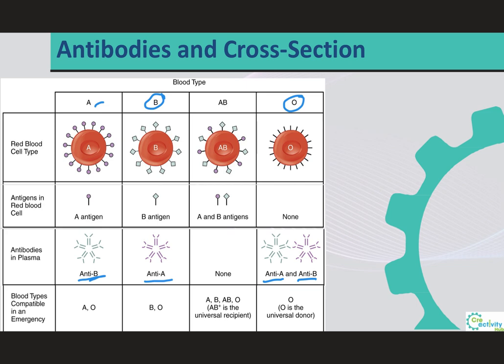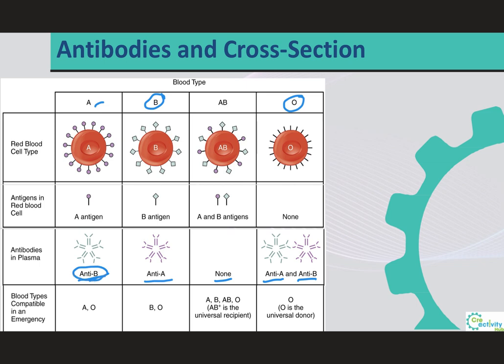However, the plasma of a type AB individual contains neither anti-A nor anti-B antibodies. This is going to be important when you're trying to do blood transfusion. And this will happen even if the person has never been exposed to a different blood type. In other words, if a type A person has never been exposed to type B blood, the individual will still have anti-B antibodies in the plasma.